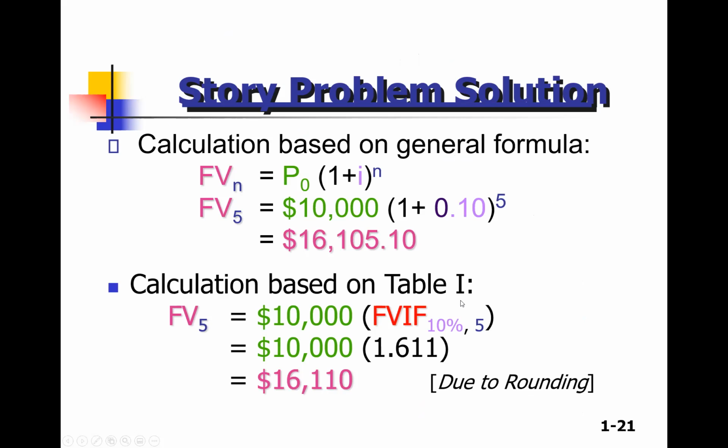You can easily see that at the end of the book these tables are also given, and you can also construct your own table. It is better to construct your own table if you want to calculate using this future value interest factor. So the future value interest factor at 10% for 5 years is 1.611. So 10,000 multiplied by 1.611 is 16,110. Due to rounding, we have a rounded figure, because the future value interest factor is in a rounded form.